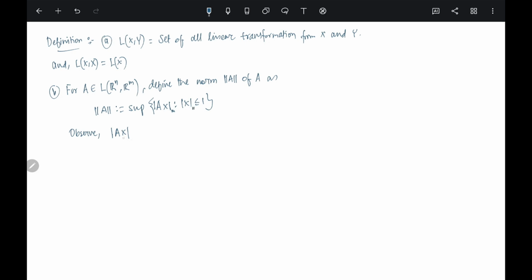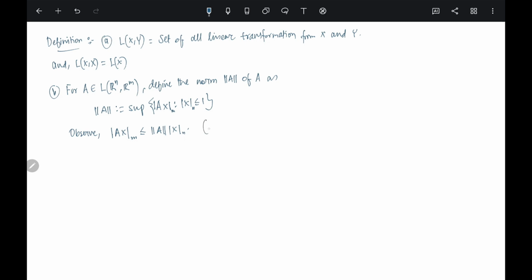Now the norm of Ax is always dominated by norm of A, where this norm is defined on L(Rn,Rm), times the norm of x, because this is the supremum. So basically the norm of Ax can always be dominated by the norm of A times the norm of x. I hope you can see why this is true.